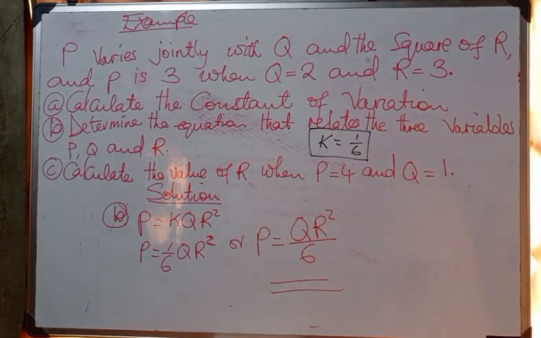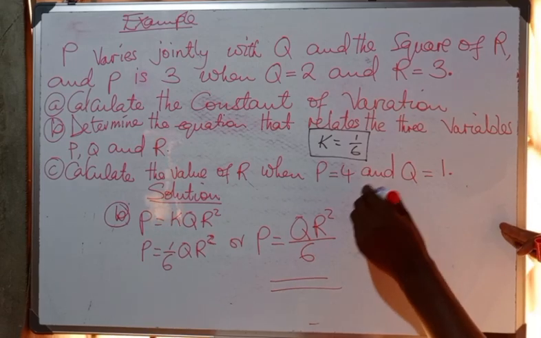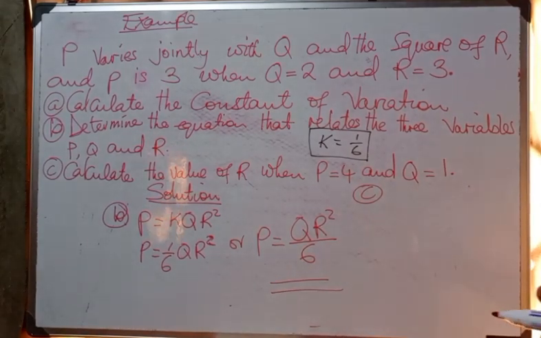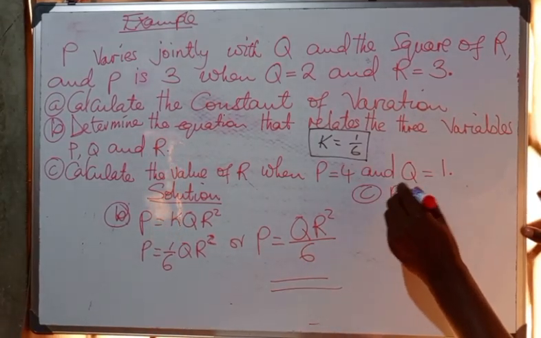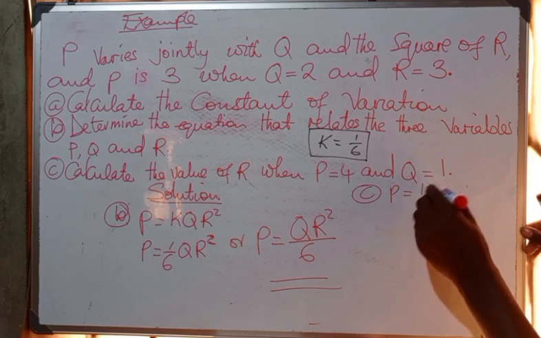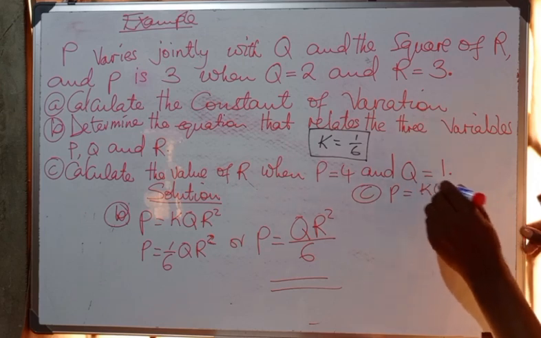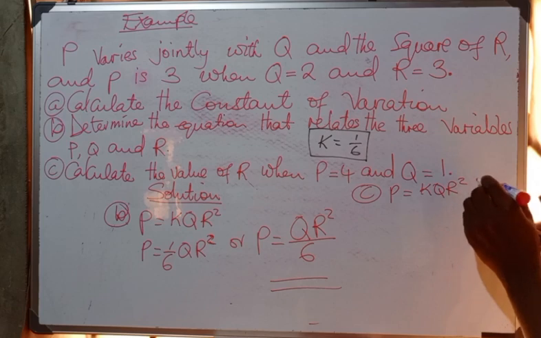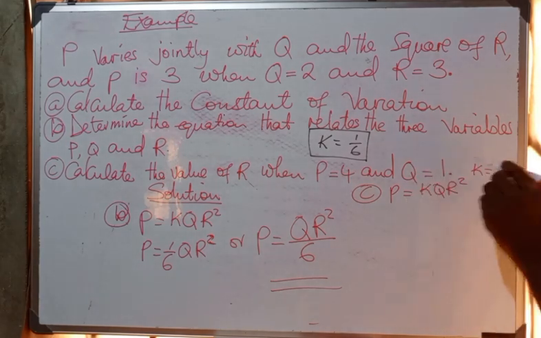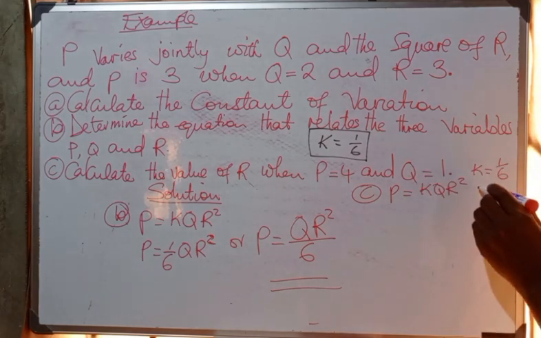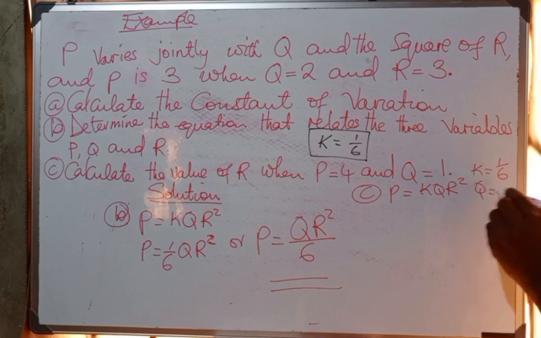Now we go to the next question, which is question C. We are finding the value of R. So we have P is equal to K, Q, and R squared. What is our K? Our K is 1 over 6. Our Q, we have been told that the answer is 1.